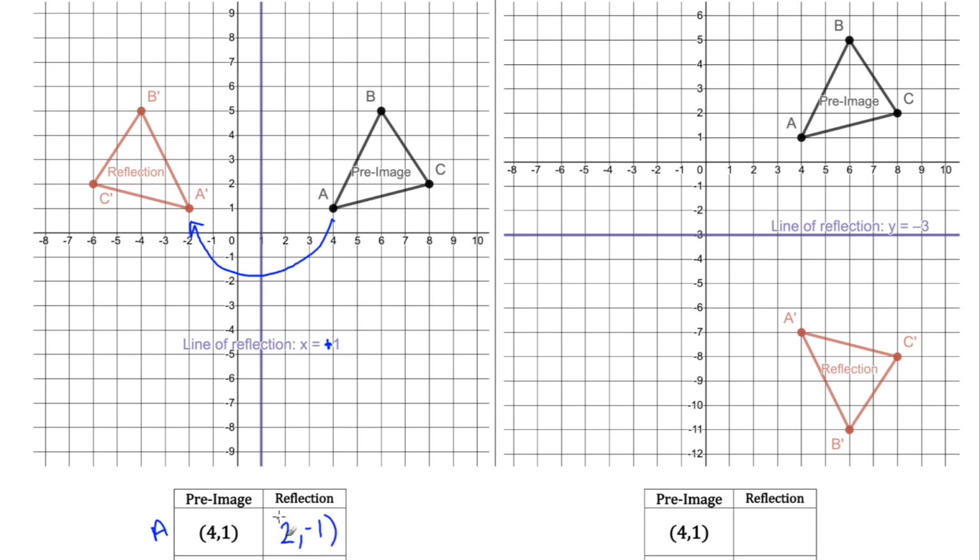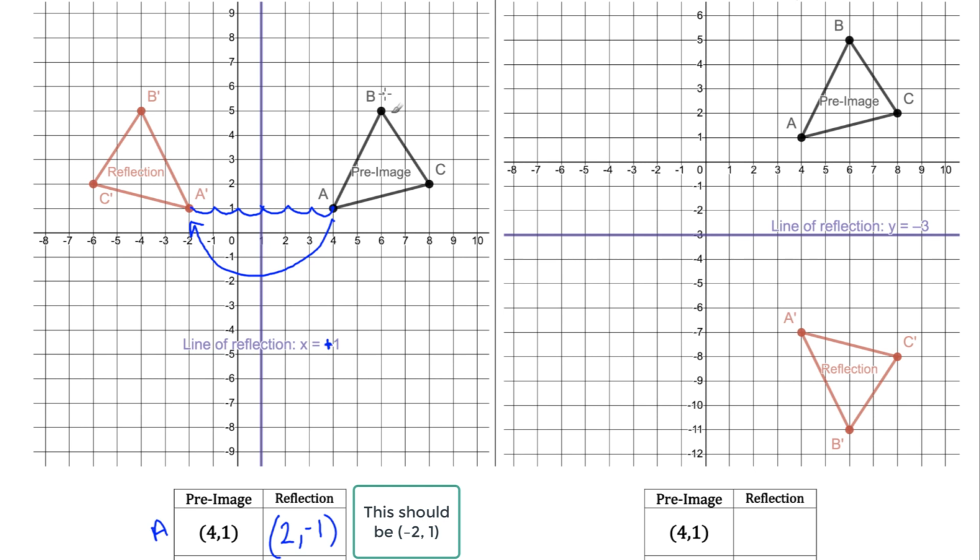So I'm not going to make you write a rule for this. Not that you can't, I'm just not going to have you do it. The algebraic rule. I just want you to see that this is our line, and you see how this A was 3 units away from the line? When you flip it, it's still going to be 3 units away.